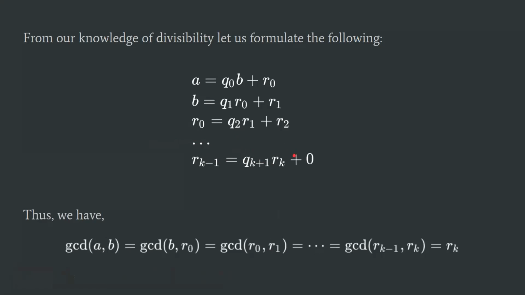Now you can use a simple proof by contradiction: if you have a number that is greater than rk and yet divides both of them, then that number will also divide rk. But it cannot be greater than rk, since it has to divide rk as well. Do you get it? Got it, thank you.